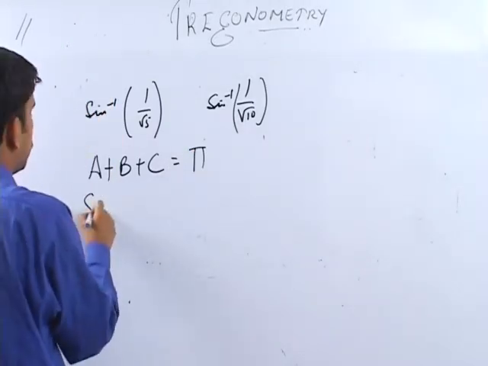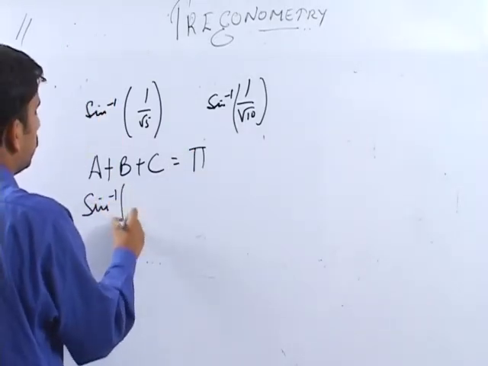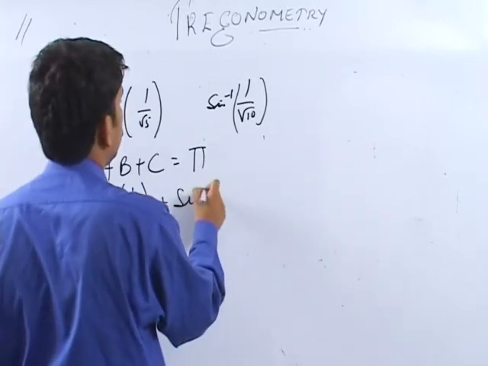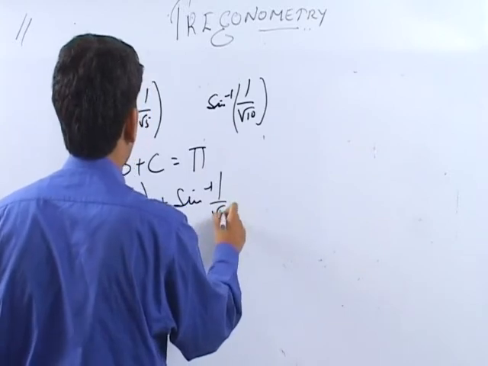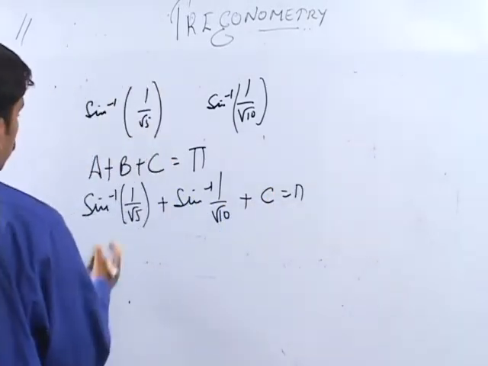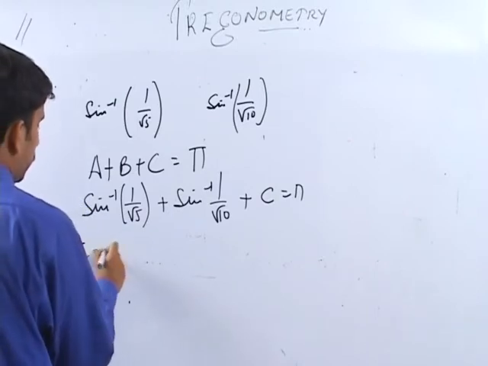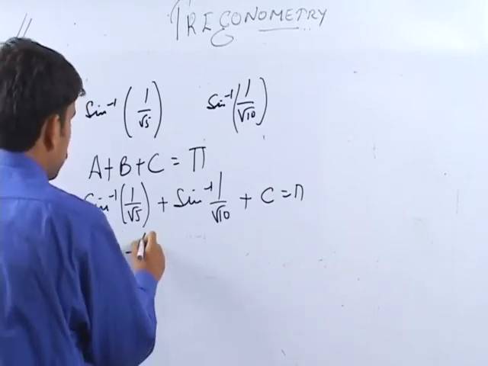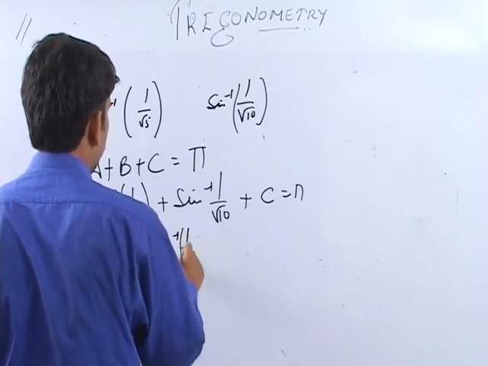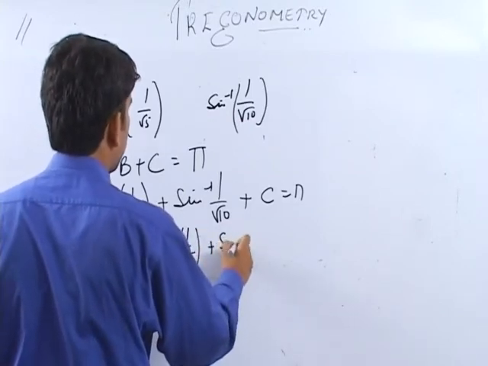Therefore, one angle is sine inverse 1 by root 5, the other angle is sine inverse 1 by root 10, plus C is equal to pi.